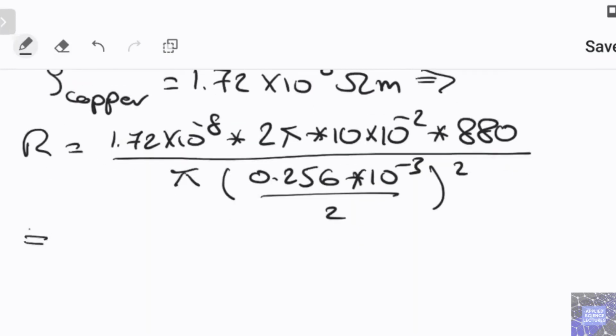And in this case, the resistance of this coil would be 185 ohm.